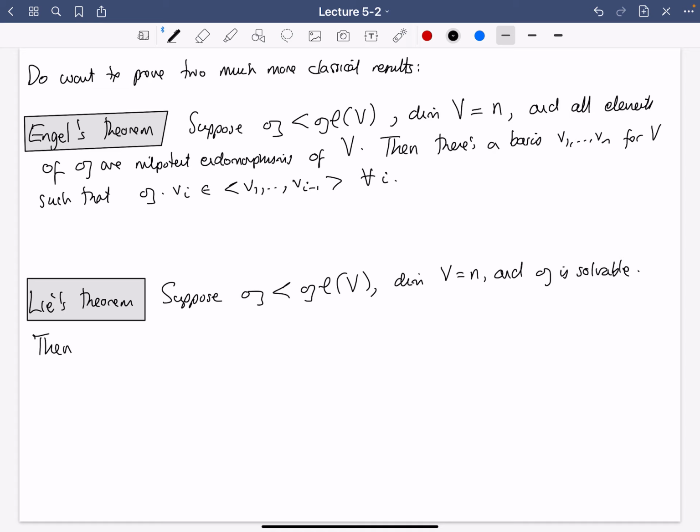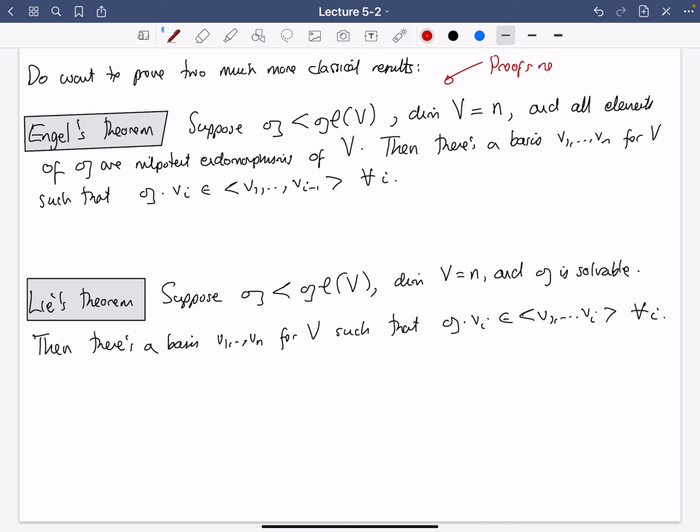And then the conclusion is that there's a basis v1 up to vn for V such that G sends vi into the span of the weakly earlier vectors. So the proofs of these are going to come next time. But let me give a little bit of discussion just to finish up today.